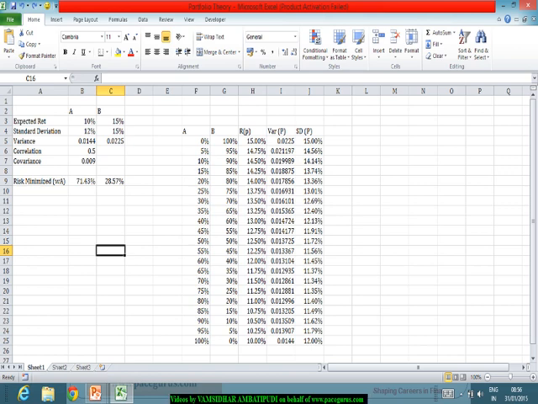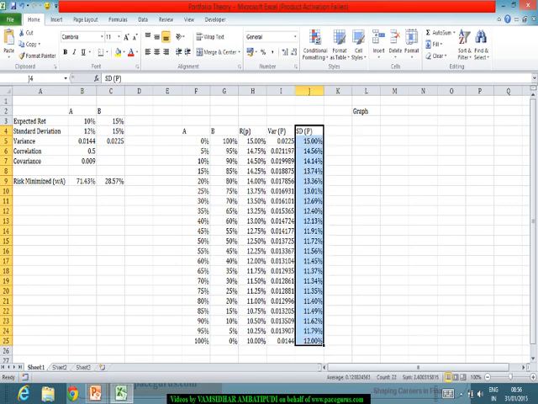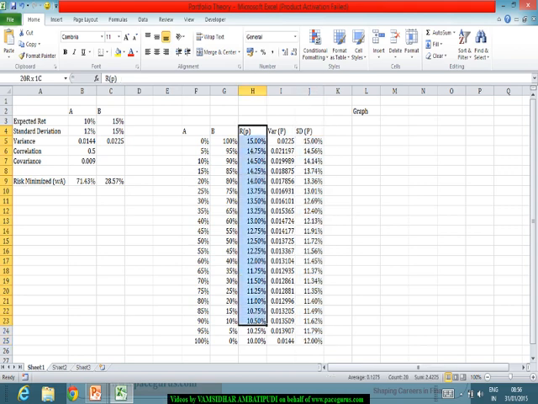Now, here comes the most interesting aspect, which is a typical graph. I'll take the standard deviations on the x-axis and the expected returns on the y-axis. Let's see what happens.